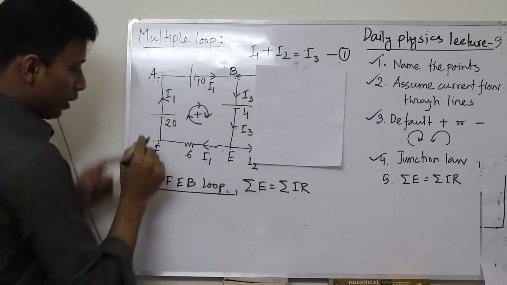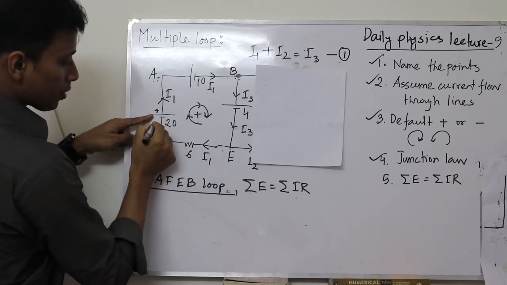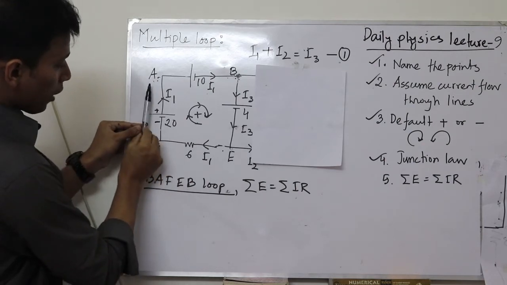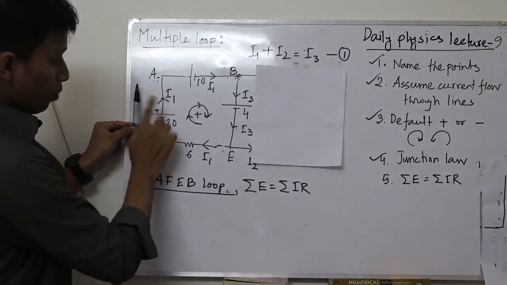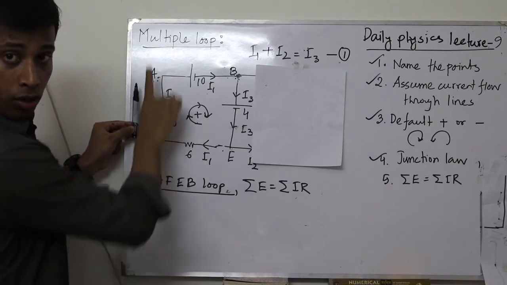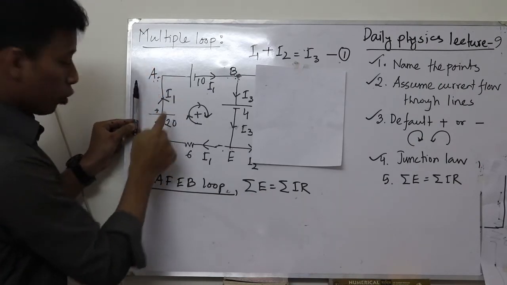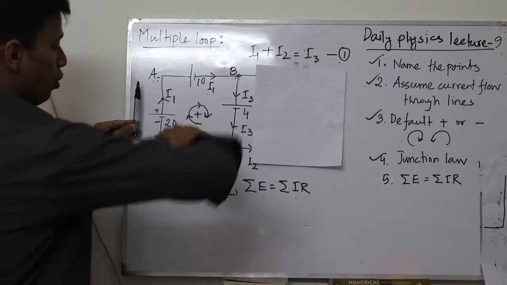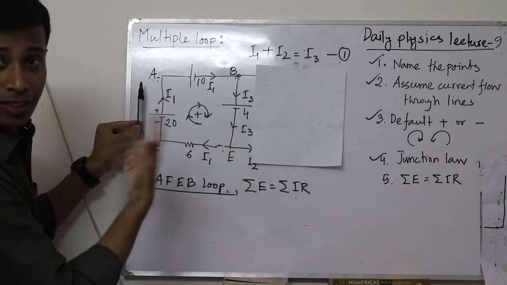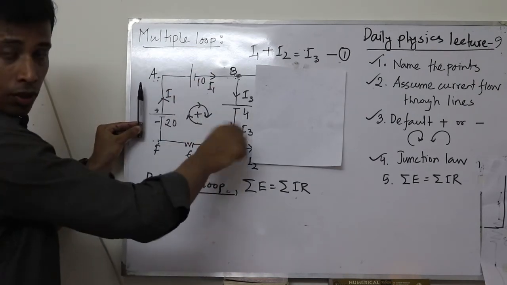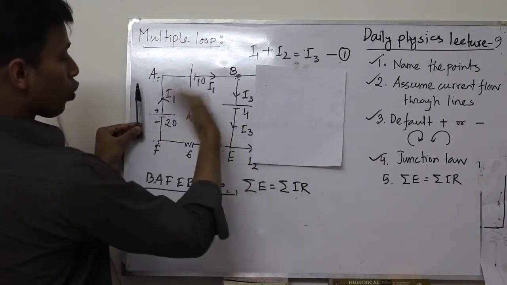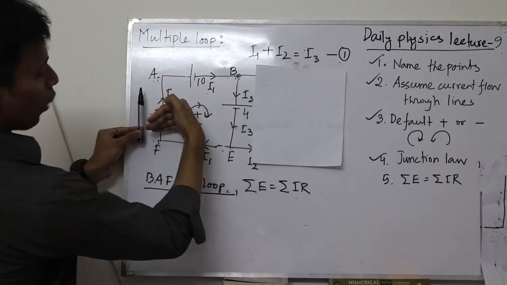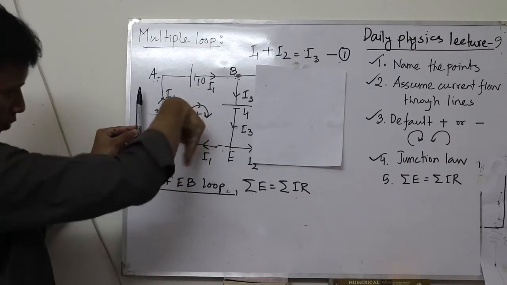So let's use the left side. This 20: this is plus, this is minus. So this cell is working in this direction, right? We know current flows starting from the positive side, so minus to plus. This is the direction of the EMF. So is it clockwise or anti-clockwise? As I assume clockwise is positive, the hand of a watch will move like this.